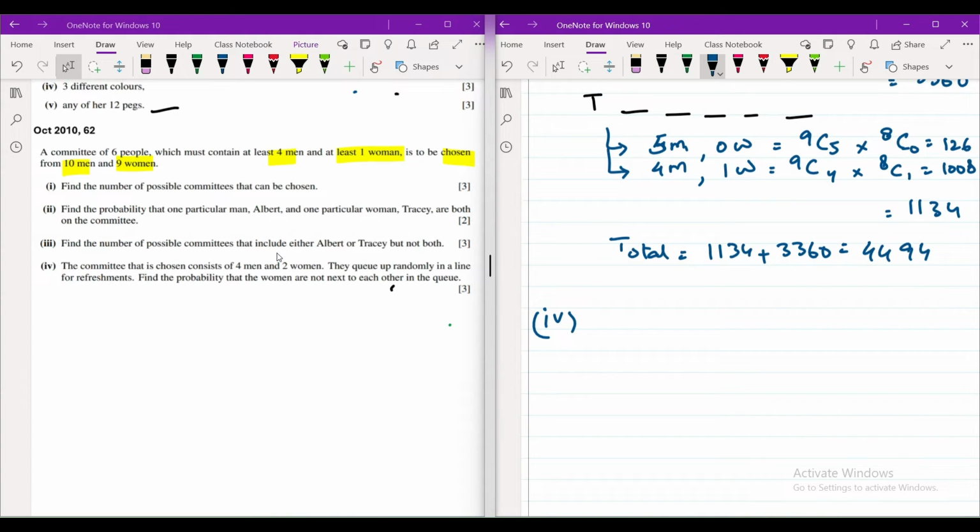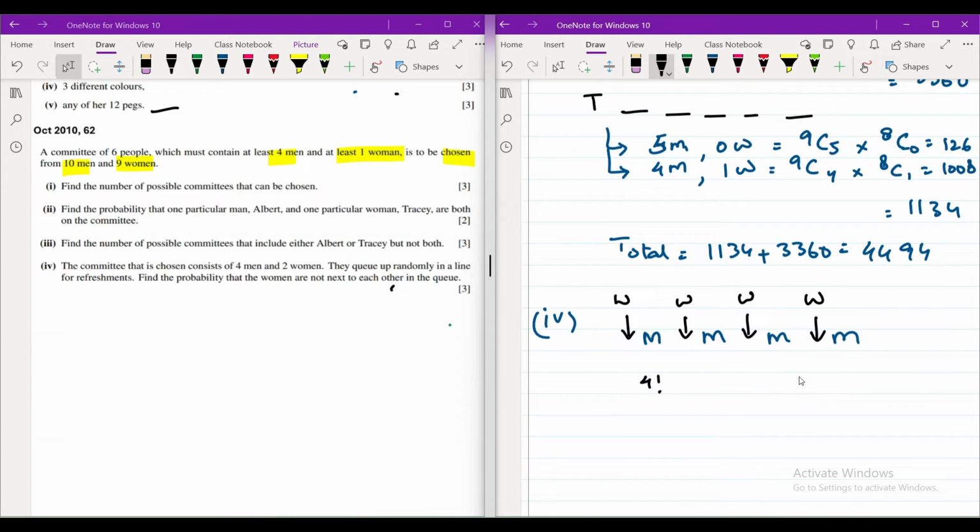And we are just arranging them in a certain way that the women are not next to each other in a queue, right? So we have 4 men, men, men, men. The places for the women are restricted to these 1, 2, 3, and 4.